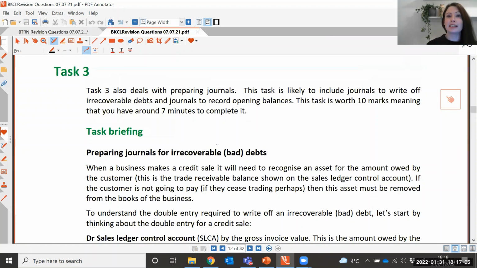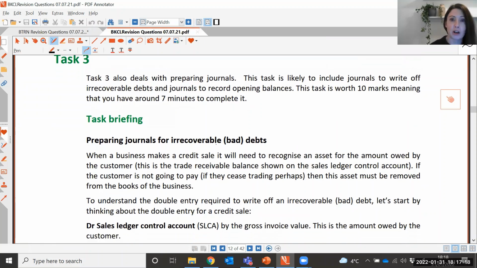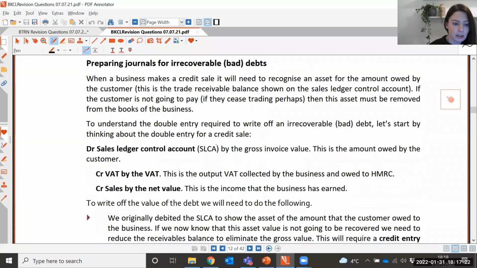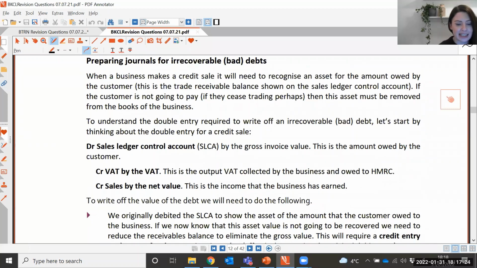So this again is looking at task 3 within the bookkeeping controls assessment, and this will deal with preparing journals, and it's likely to include irrecoverable debts or opening balances. So when a business makes a credit sale, it needs to recognise an asset for the amount owed by the customer.